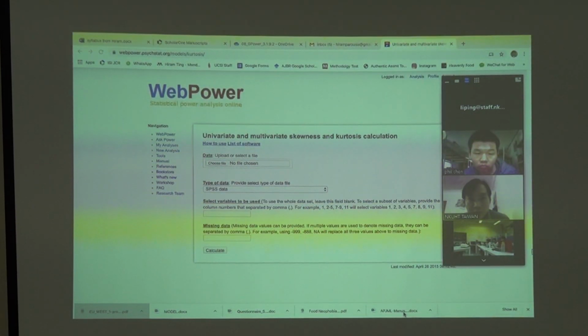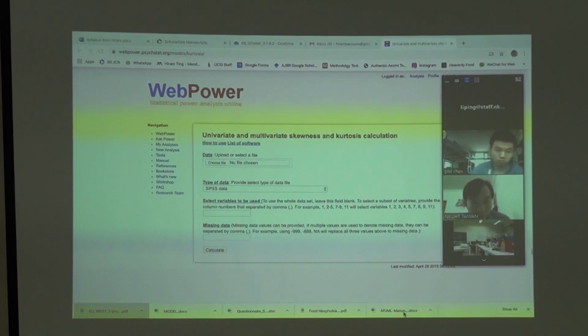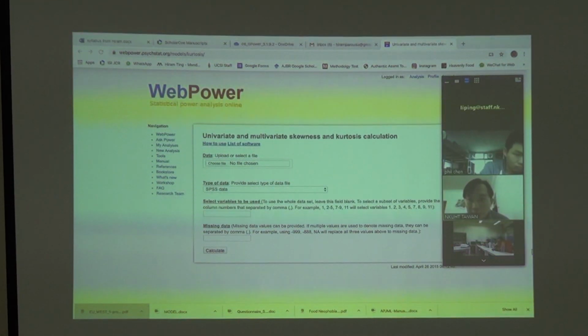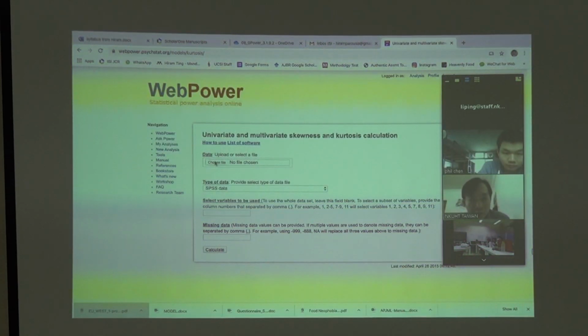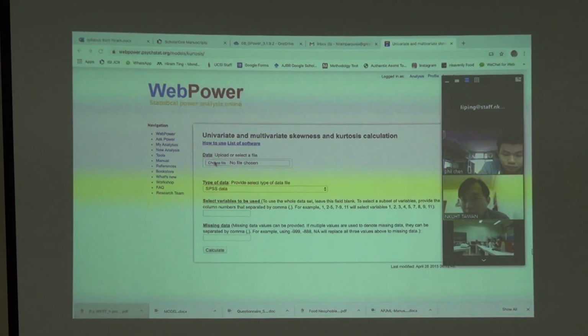Sorry. Again, can you see the web page? Yes. Okay. So choose file. If you click choose file, can you see the pop up? No. Cannot. Okay.